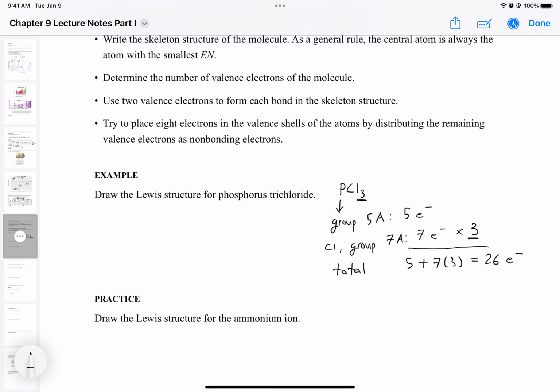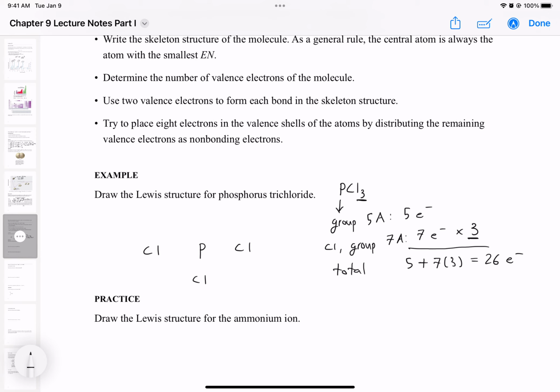So let's first draw the skeleton of our molecule. So in this case, the first element is pretty much the central atom. Well, I wouldn't say all the time, but in this case, it will be. So phosphorus in the center. Then we're going to position chlorine around it, equally spaced. Okay, so now the first thing we do is we take some electrons and distribute them as bonds.